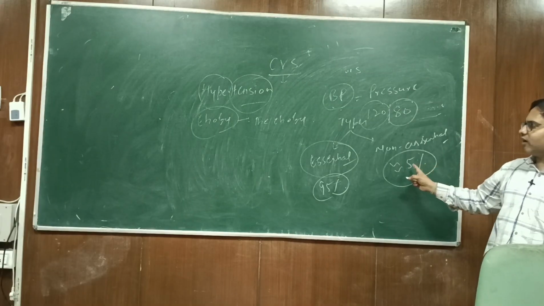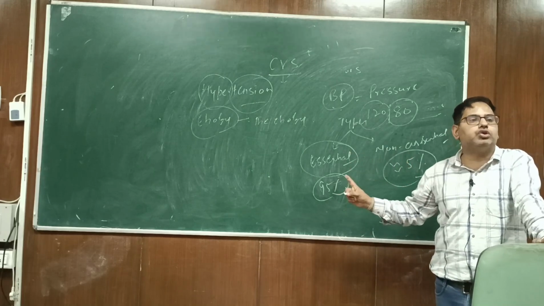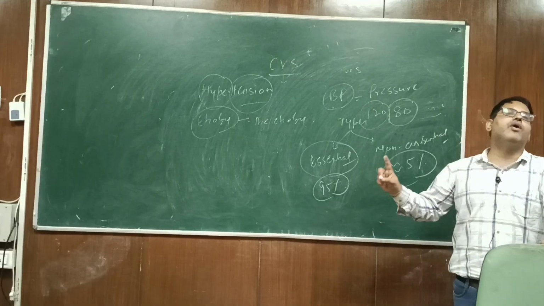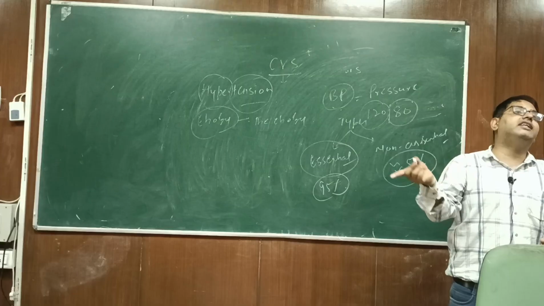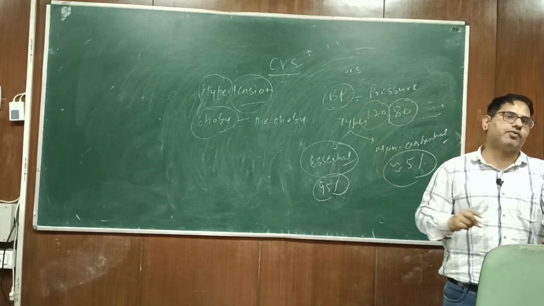Got it? Essential hypertension is where the etiology is completely unknown, but you have to write that various environmental factors and genetic factors play an important role in the development of the disease.